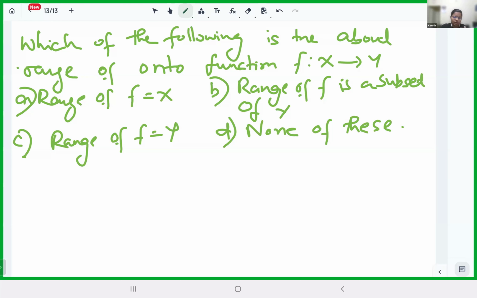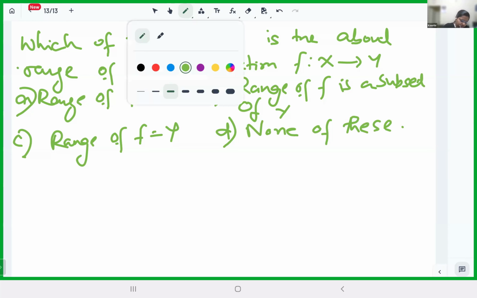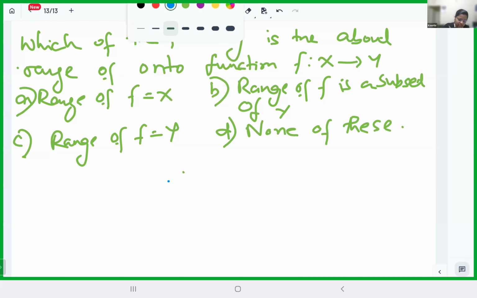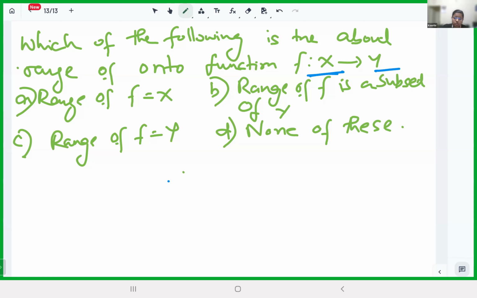A function is defined from a domain to a codomain, where X is the domain and Y is the codomain. What do you mean by an onto function? Every element in Y should have a pre-image in X.